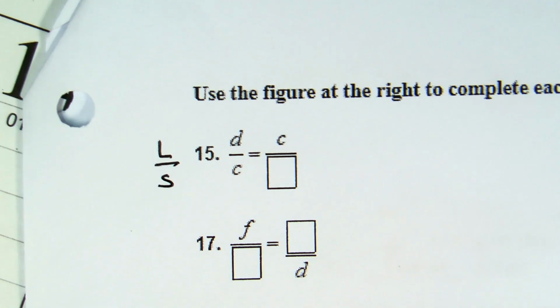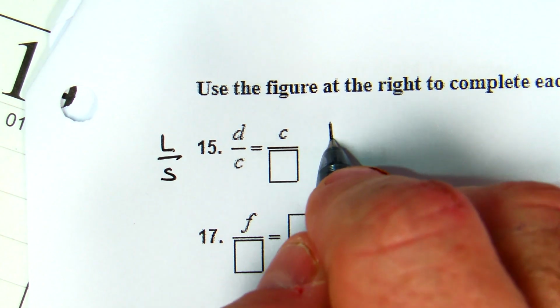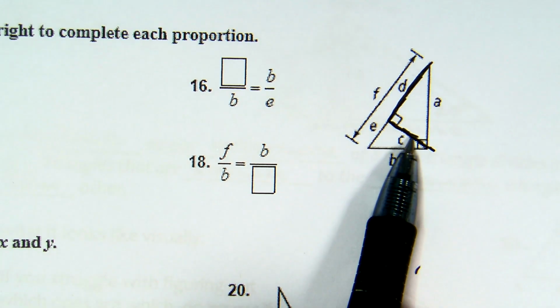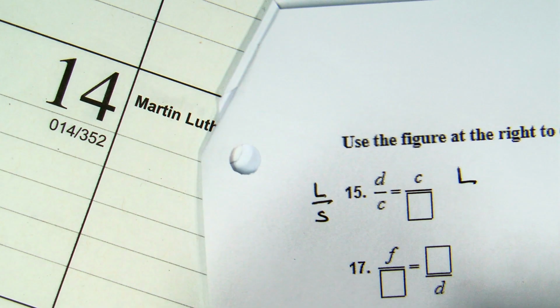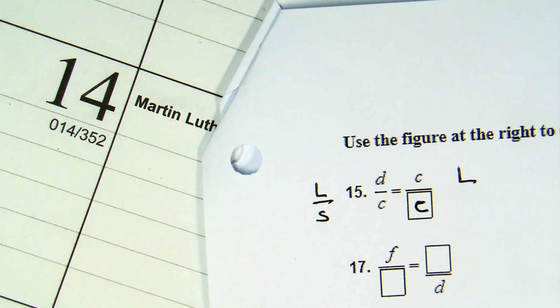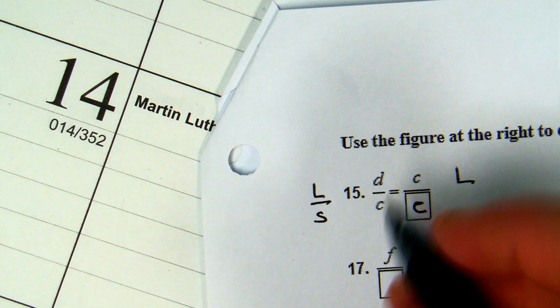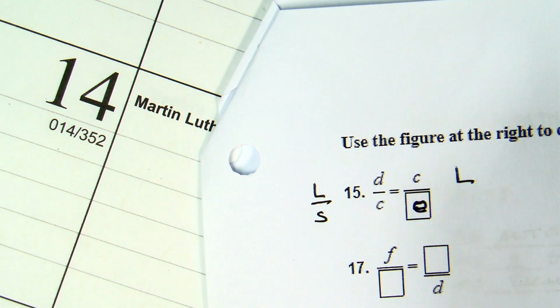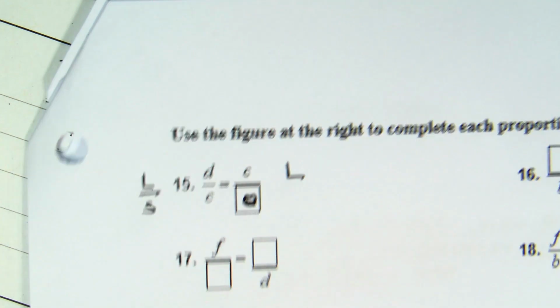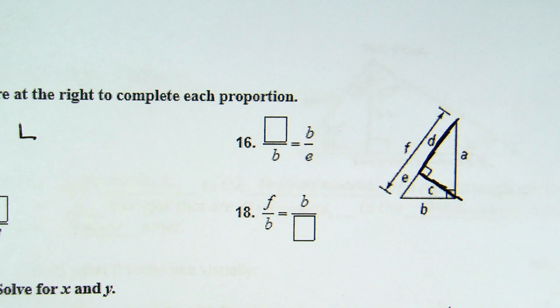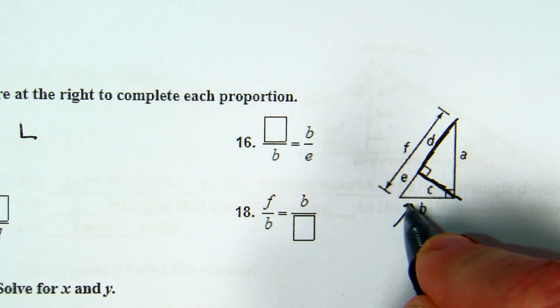Make sense? So now C's also got to be the long. So now I'm focusing on the other triangle where C's the long. And what's the short leg of that one? E. So D over C equals C over E. Alright, D over C equals C over E. When I look at 16, blank over B equals B over E. So now I'm focusing on this triangle.